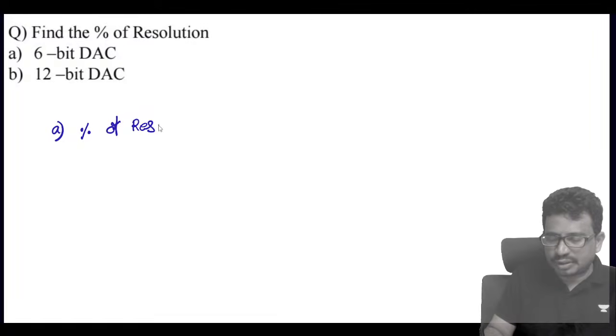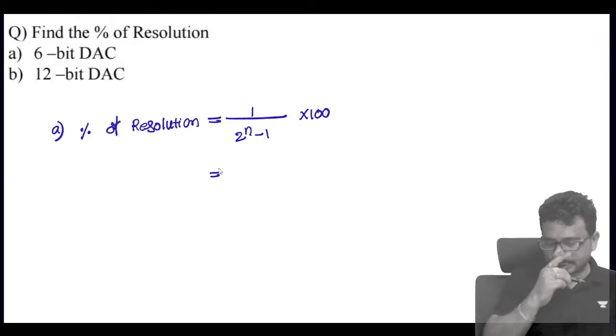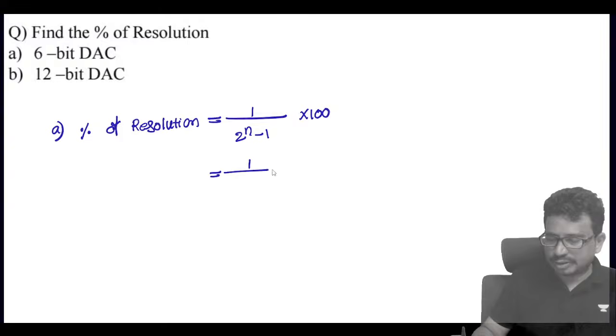Percentage of resolution equals 1 by 2 power n minus 1, into 100. Here n is 6, so that is 1 by 2 power 6 minus 1, into 100.